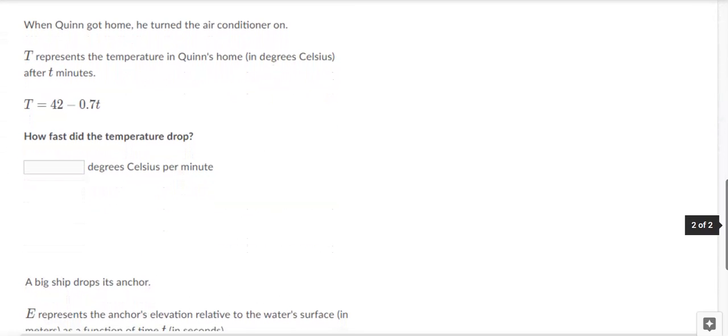When Quinn got home, he turned the air conditioner on. So we have a little chart, and I'm going to start right off with the table. Little t and big T. I like to start at 0. Big T represents the temperature, and little t represents the minutes, or the time.